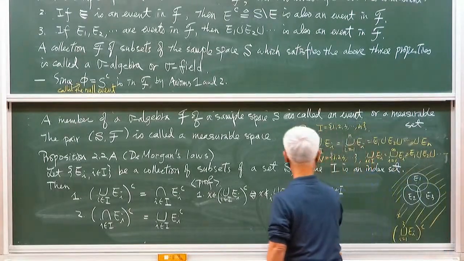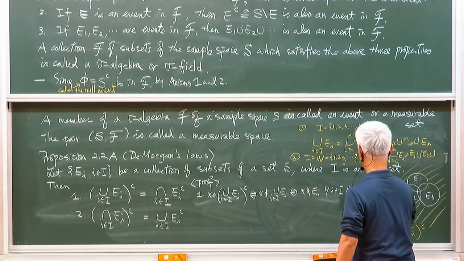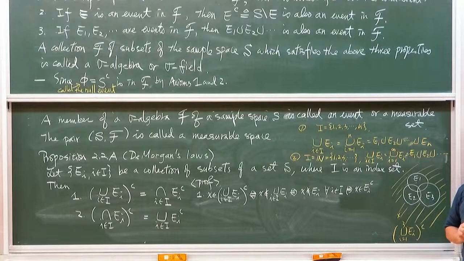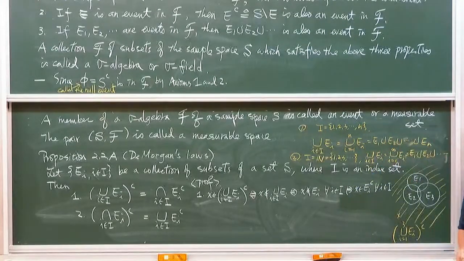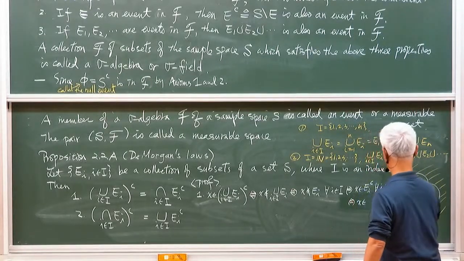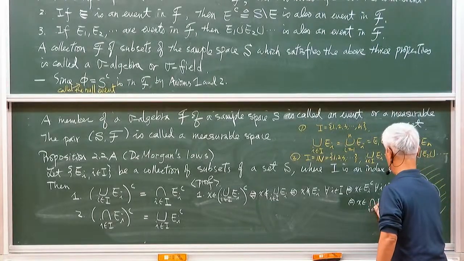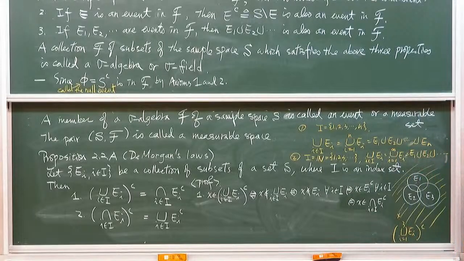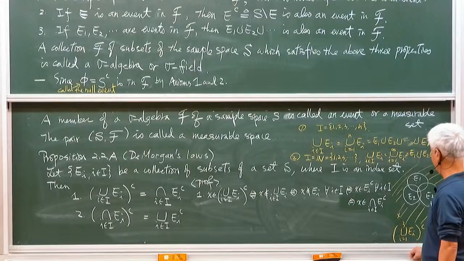X is not in E_i means X is in the complement of E_i, for all. And for all, so that means X should be in the intersection.